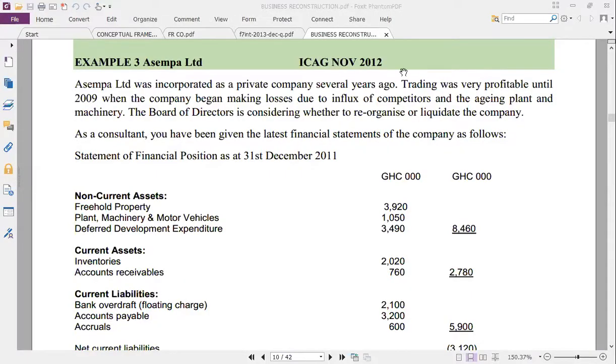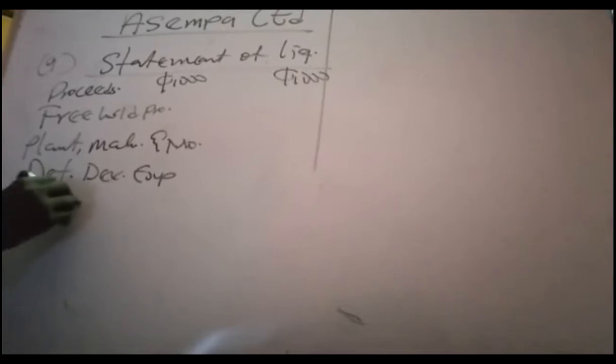We are just writing their names, all of them. Then deferred development expenditure. Inventory comes before account receivable, but it doesn't matter which comes first. So inventory and then account receivable.